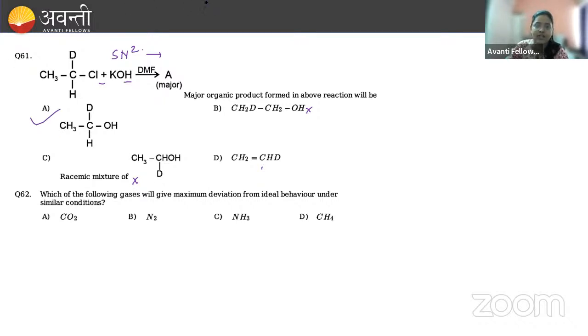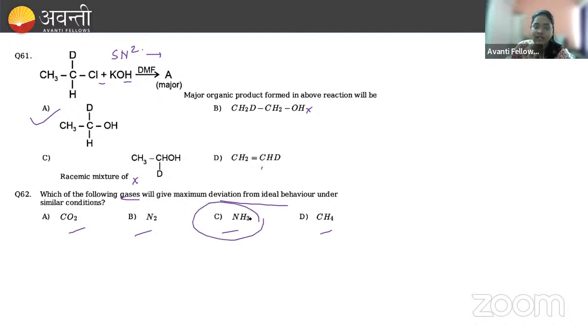Next question: which of the following gases will give maximum deviation from ideal behavior? The options are CO2, NH3 and CH4. Whenever such a question is asked, a gas in which hydrogen bonding is not present will not give maximum deviation.